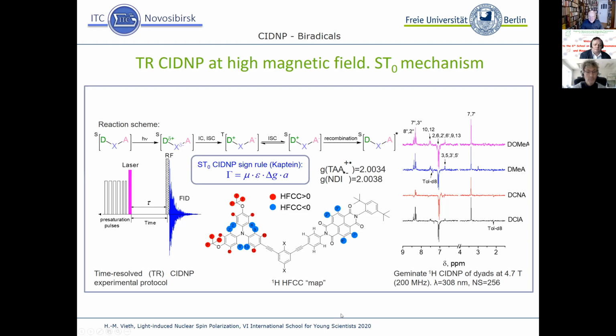You see that light-induced hyperpolarization is not only good for increasing your signal amplitudes in NMR, but gives you many tools for analyzing light-induced processes in liquid and in solid matrices. And with this, I end my talk, and I thank you for listening.